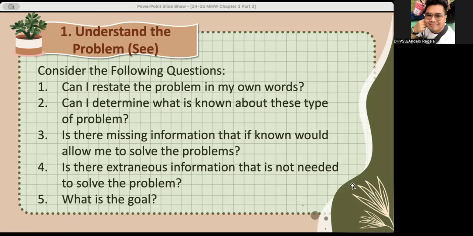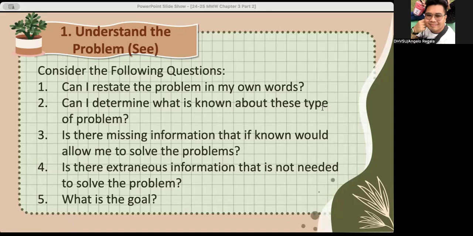Is there extraneous information that is not needed to solve the problem? When we say extraneous information, these are information that is in the problem. However, hindi sila kailangan to solve.